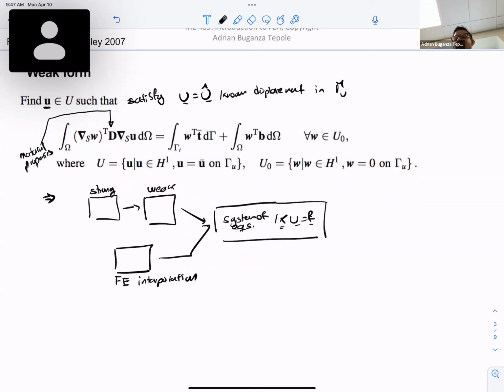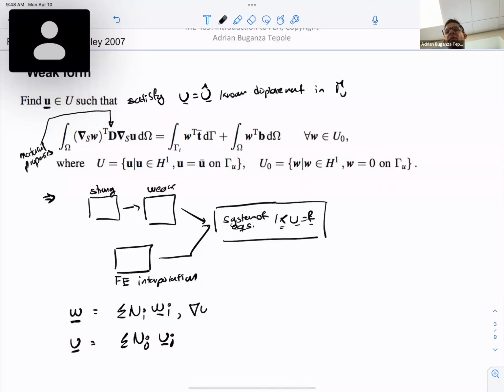Then what is the finite element interpolation? Similar to before, we have the W's. What are the W's? The W's are just going to be the sum of the shape functions times the nodal values. The U's are also going to be just the sum of the shape functions times the nodal values. The gradients are going to be similar.